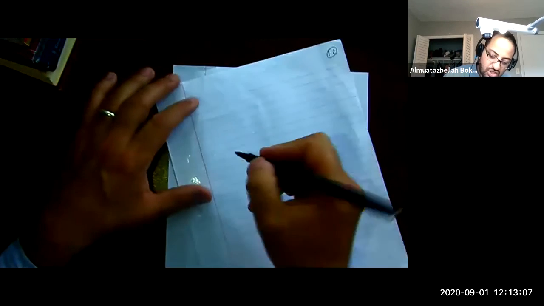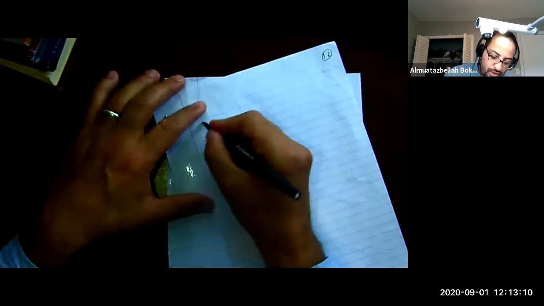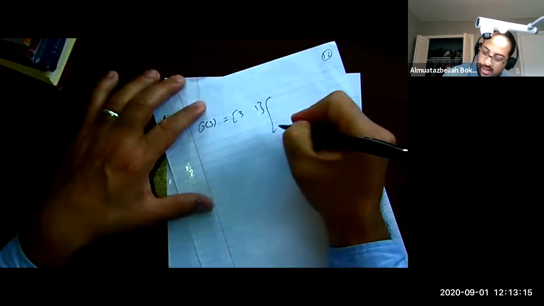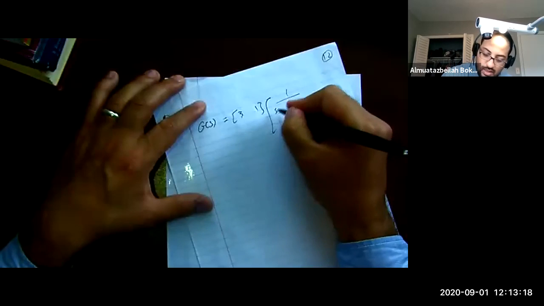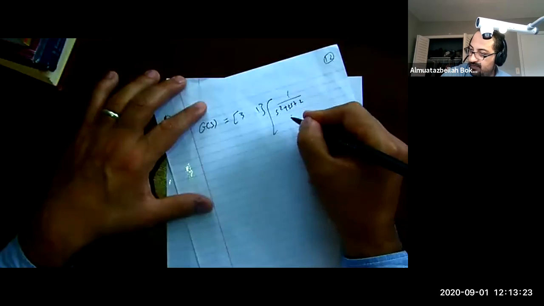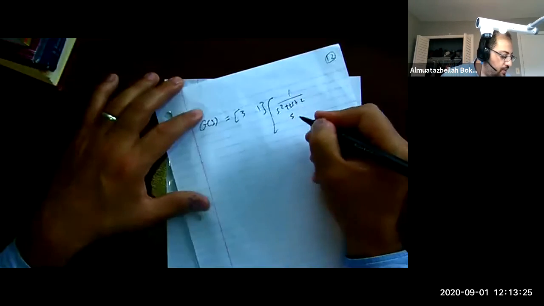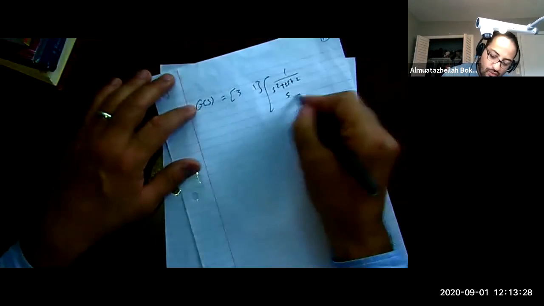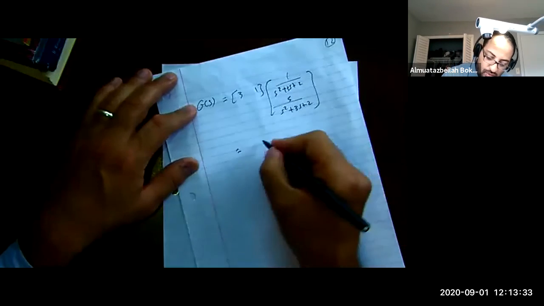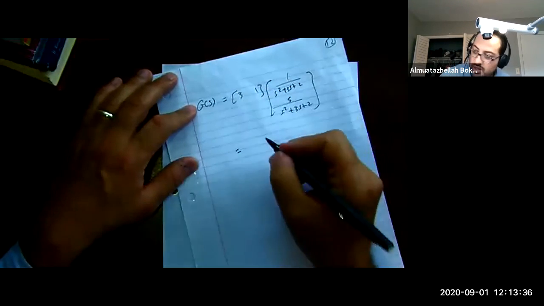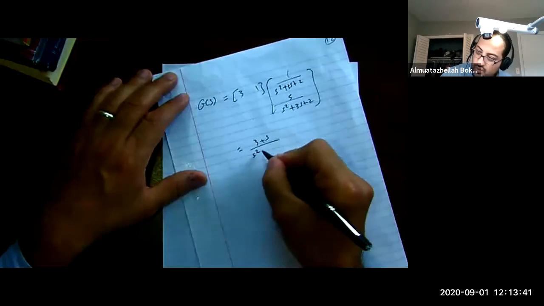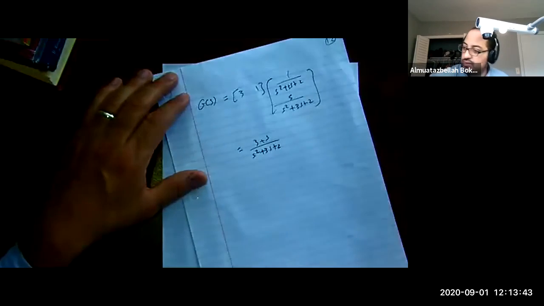If you do the multiplication, G(s) is equal to [3, 1] times [1/(s²+3s+2); s/(s²+3s+2)], which is equal to (3 + s)/(s²+3s+2).